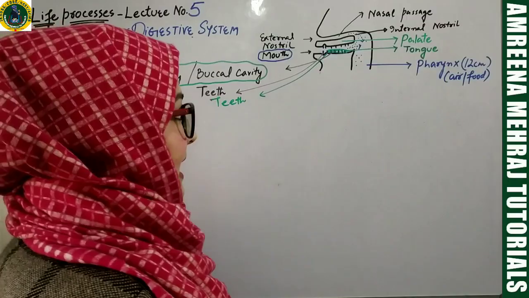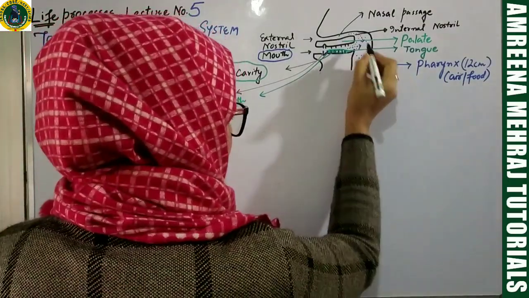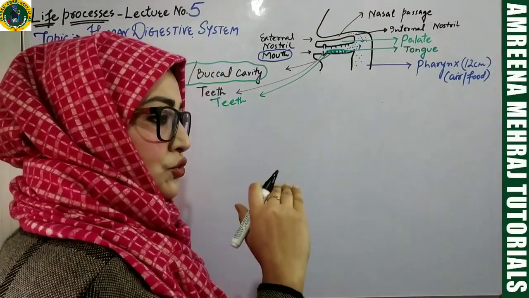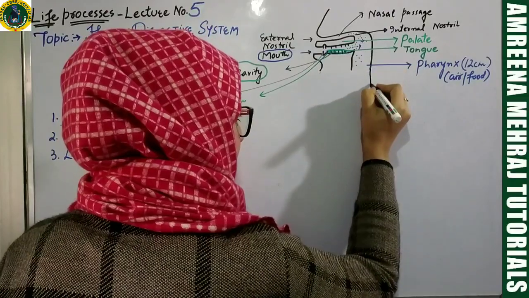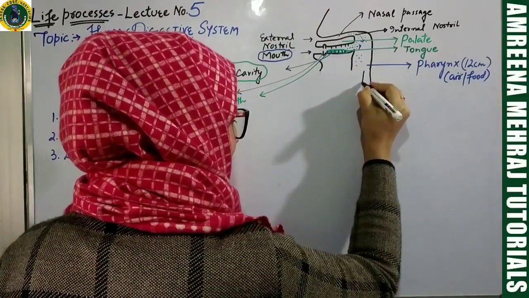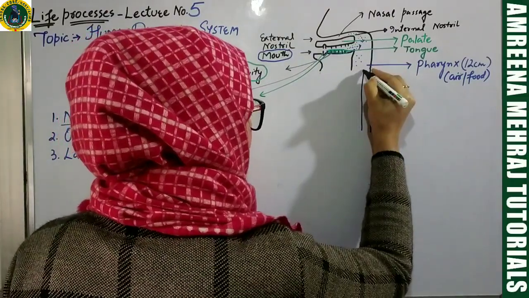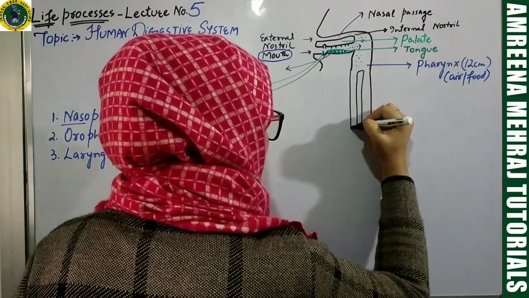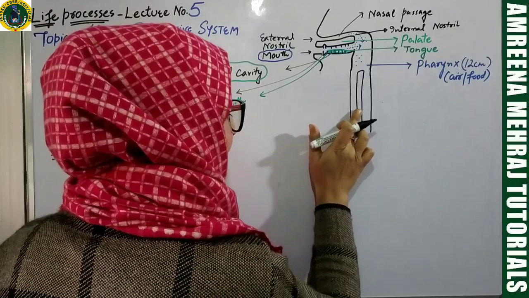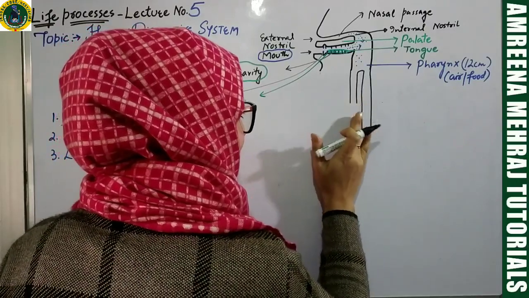Coming back to the diagram, the pharynx has 2 openings at the bottom. One is going to take you into the food pipe, and another opening is going to take you into the windpipe. So you are now supposed to understand about the tubes.